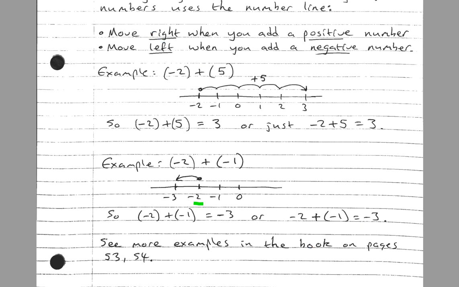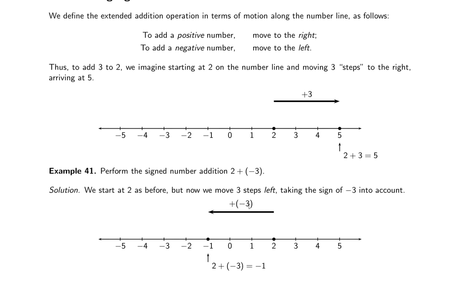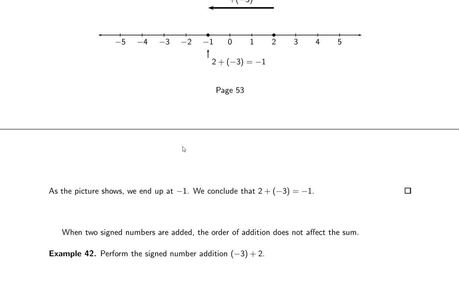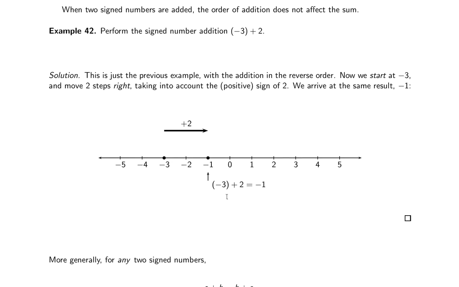All right, more examples in the book. Again, move to the right when you're adding a positive, move to the left when you're adding a negative. So adding -3 goes this way. Here's -3 plus 2, so starting at -3, adding 2, you get to -1.